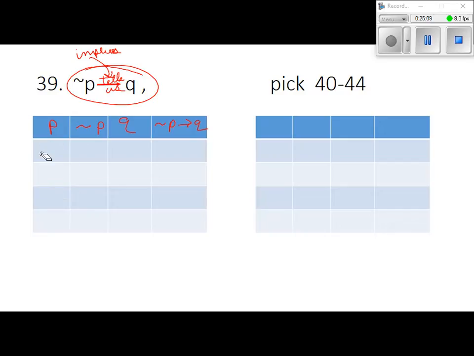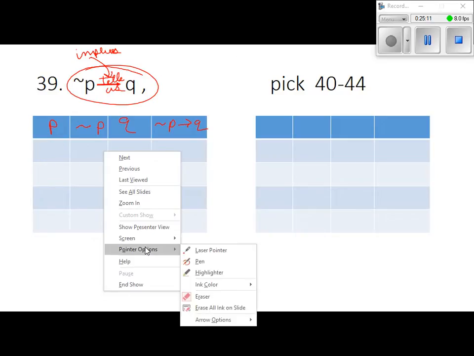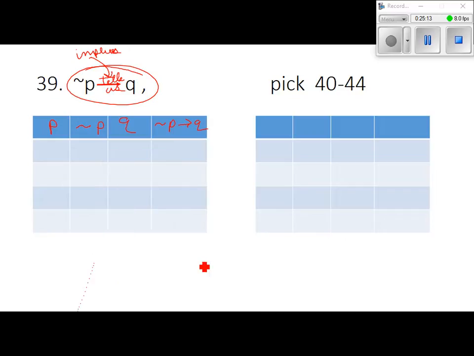This is the way I make up this table, so I make sure I don't miss anything. For P, I know that I need 4 separate things, so I say, okay, it could be true, true, false, false. We do that every time. And then we go over to Q and we match them up. If P is true, Q could also be true.